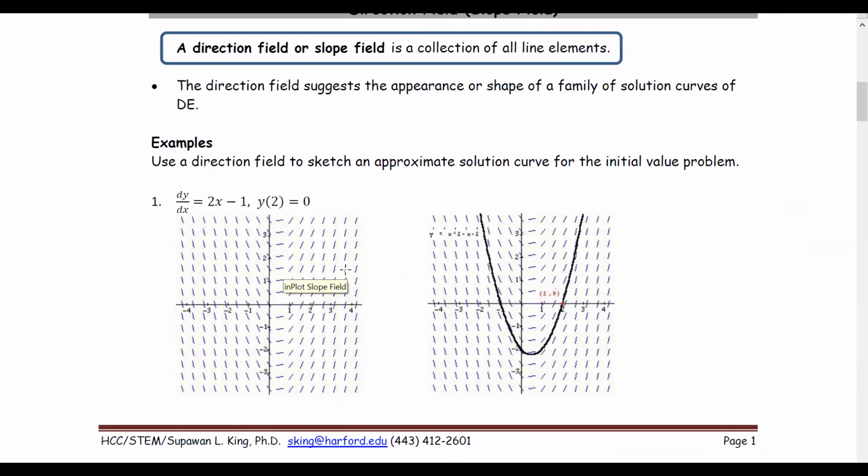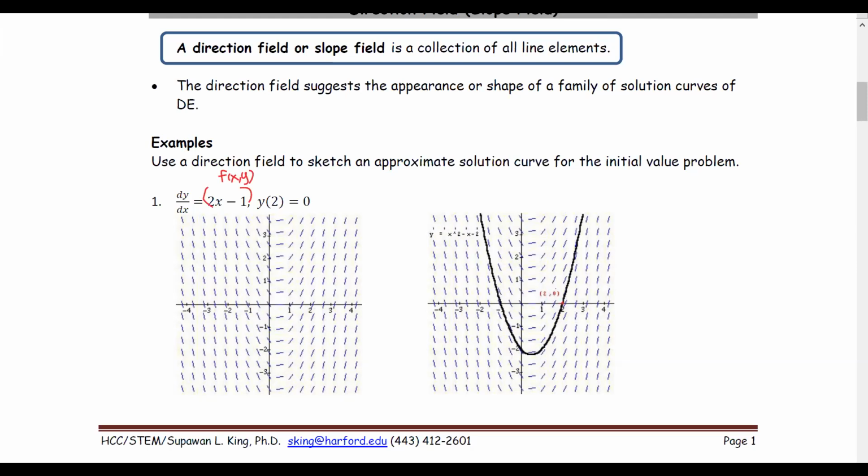Let's see examples. Use a direction field to sketch an approximate solution curve for the initial value problem. Number 1, dy/dx equals 2x minus 1 with the initial condition y at 2 equals 0. For this equation, we have f of x, y as 2x minus 1. Therefore, at any ordered pair x, y, the slope of the line segment is 2x minus 1.